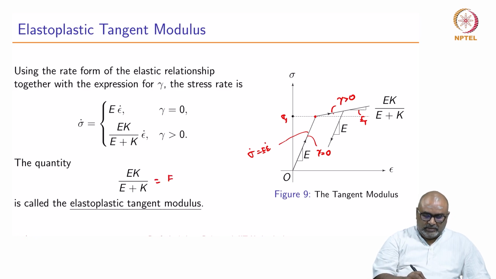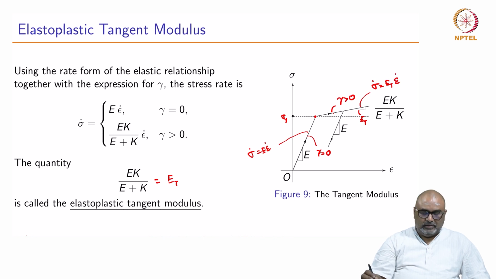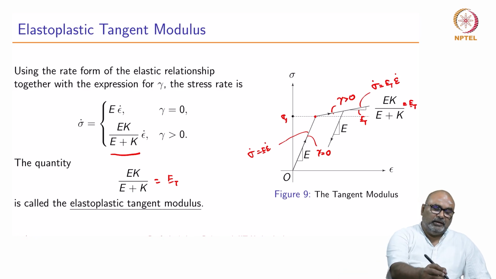In this region sigma dot is equal to Et times epsilon dot for gamma greater than 0, and that Et becomes Ek by E plus k, which is called the tangent modulus. Et is equal to Ek divided by E plus k.